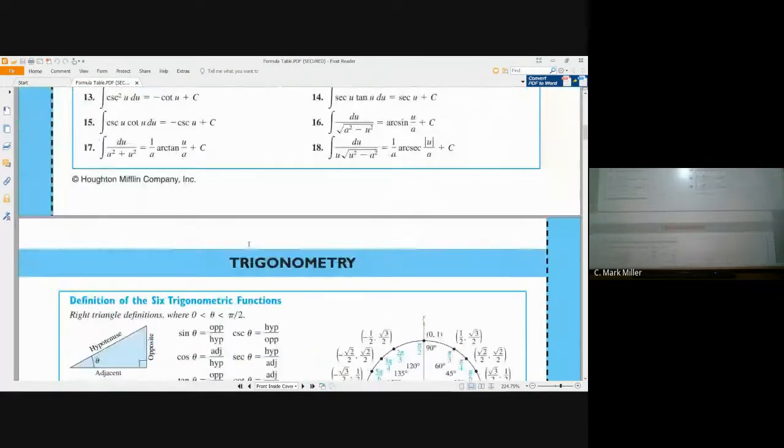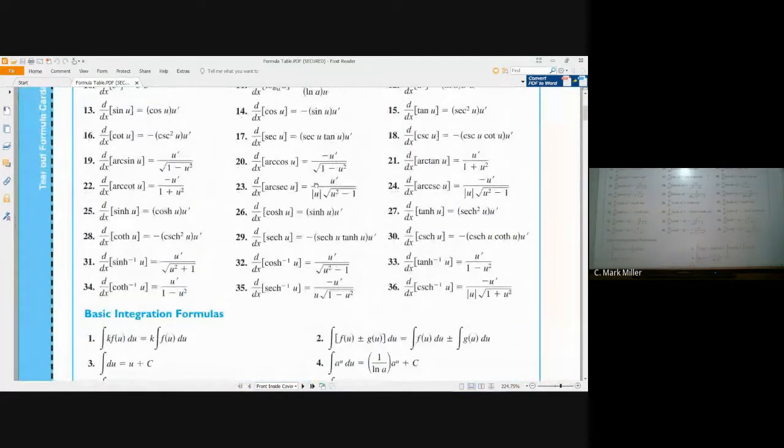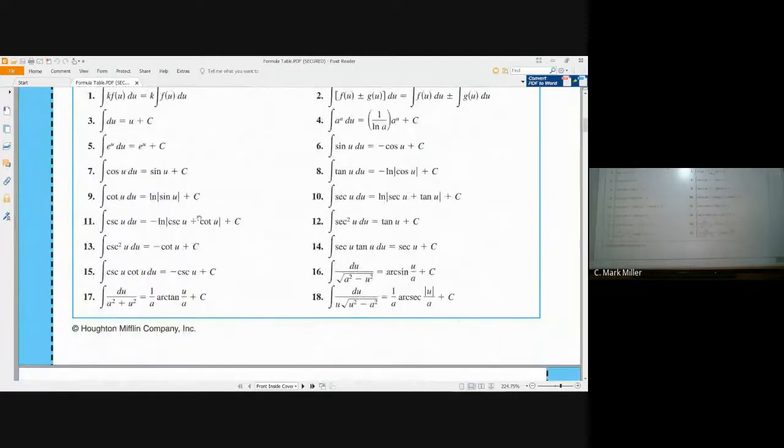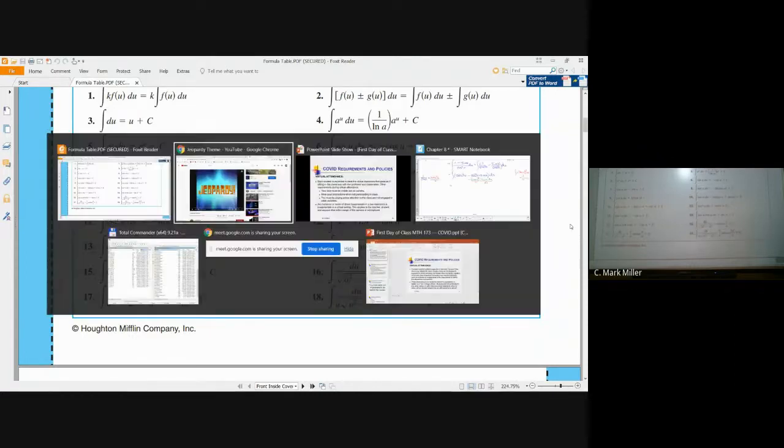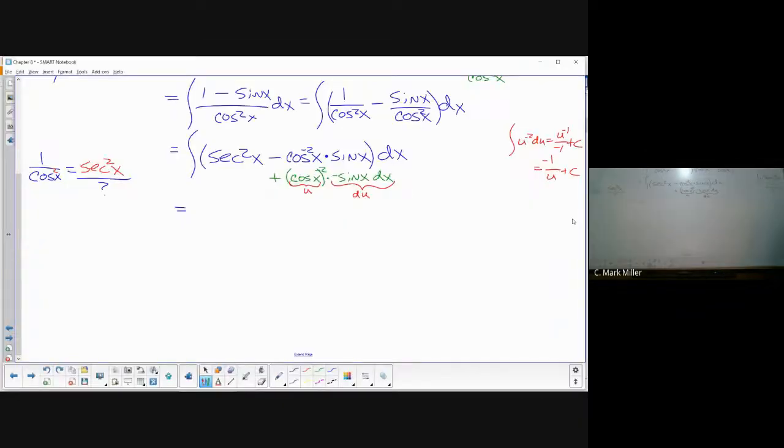Over here. Up here are your derivatives. The derivative of what is secant squared? Or you can go down here. The integral of secant squared is what? Right here. Tangent, let's see. Because the derivative of tangent is secant squared. All right. So if you don't know those derivatives, you're going to get just incinerated in chapter 8.